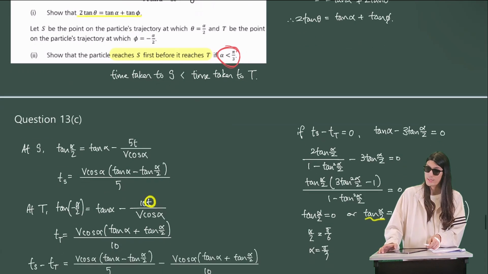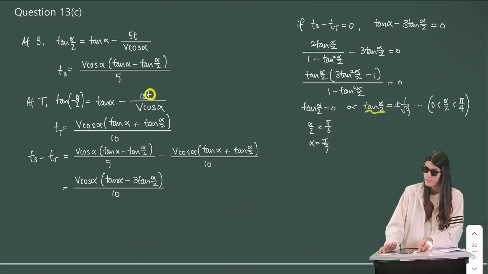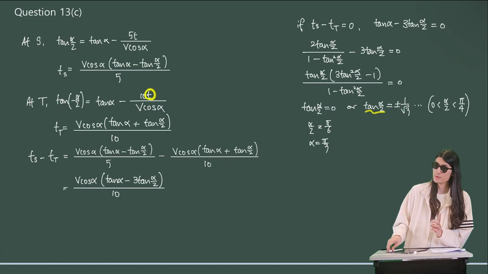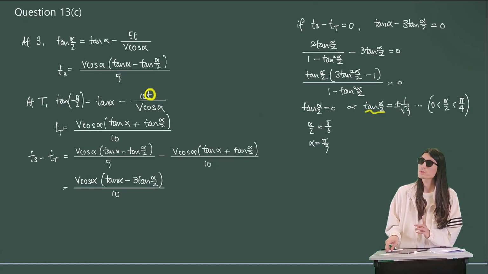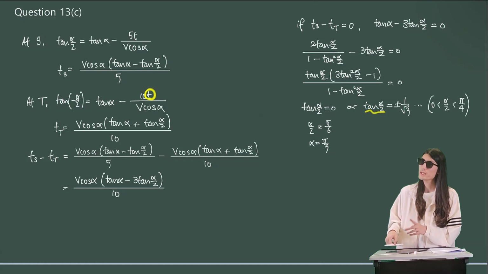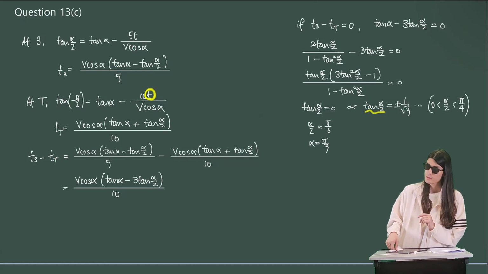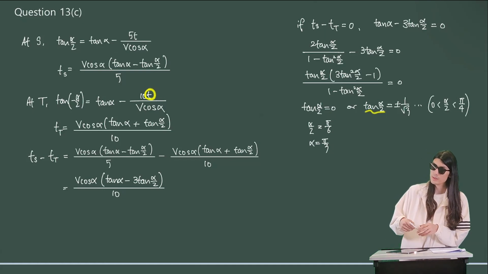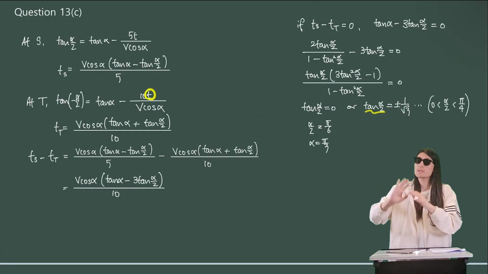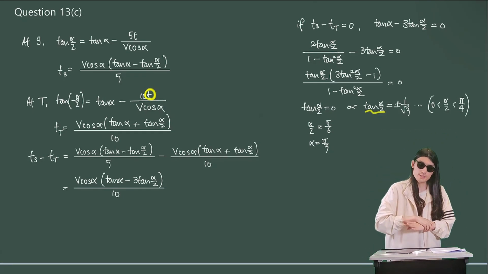You've just shown that when alpha is pi on 3, in other words, when the launch angle is 60 degrees, the projectile reaches points S and T on its trajectory simultaneously, such that the time it takes to reach S minus the time it takes to reach point T is equal to 0, okay?